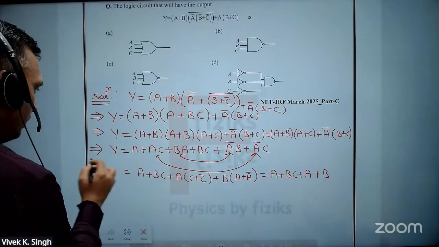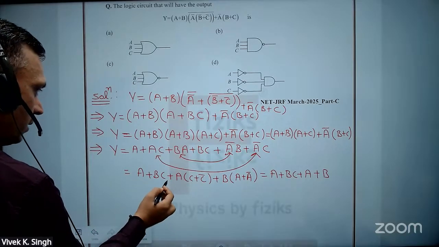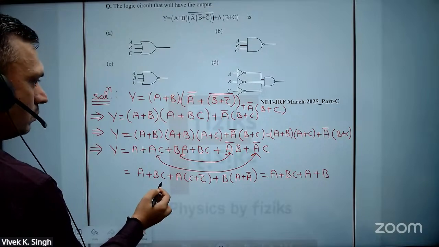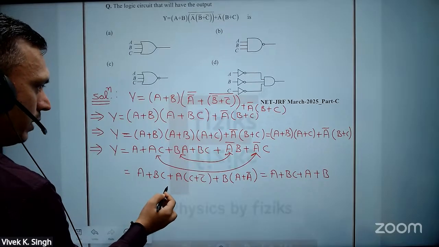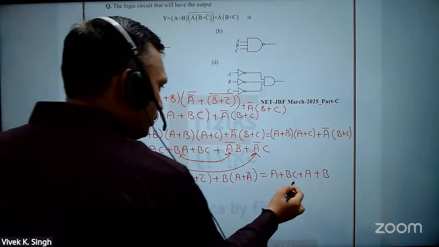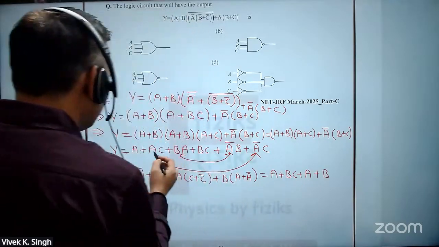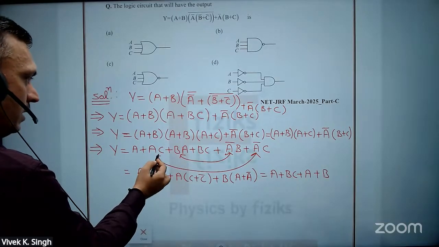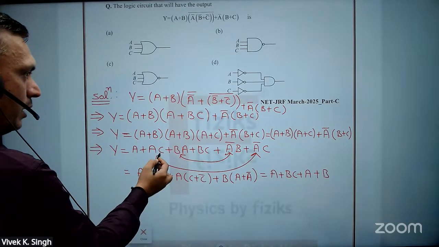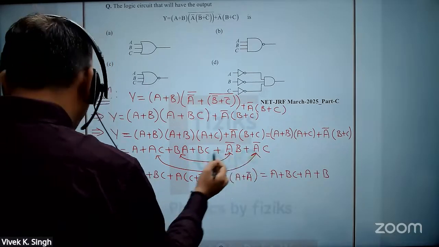So what you are getting: first term is A, this will be AC, then you have BA, then you have BC, A bar B, A bar C. This point is clear.